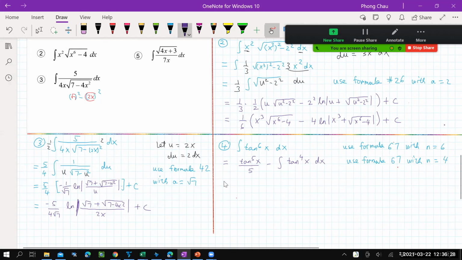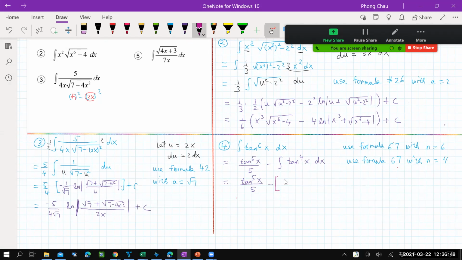So let's apply that again. Notice that I still have tangent to the 5th x over 5 minus. Now the integral here, when you apply it again, it's going to be 1 degree less.